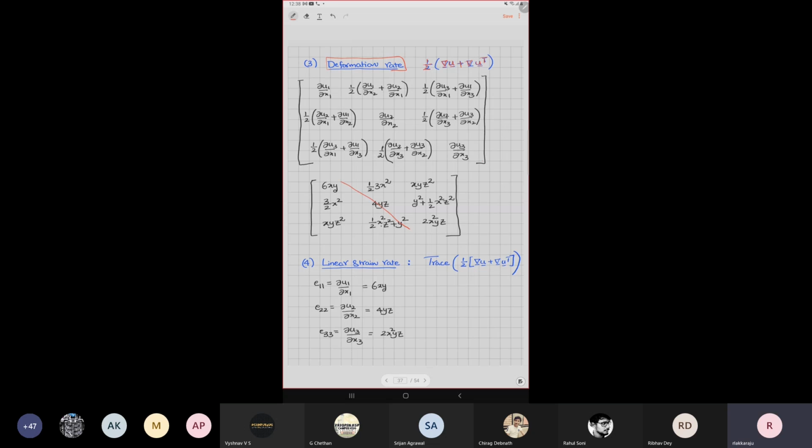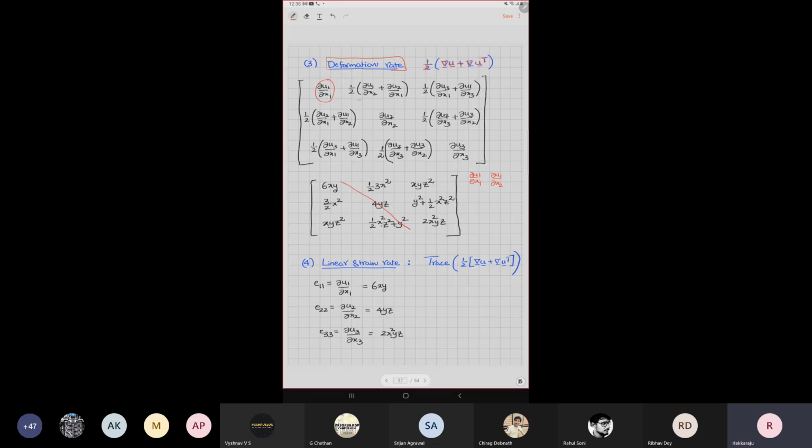We will see that. Del u we already know: del u1 by del x1, del u1 by del x2, and so on. Half of del u plus its transpose: del u1 by del x1 plus del u1 by del x1, whole by 2, is del u1 by del x1.